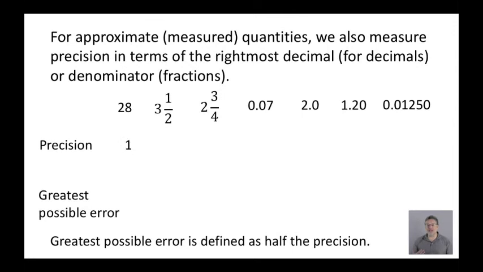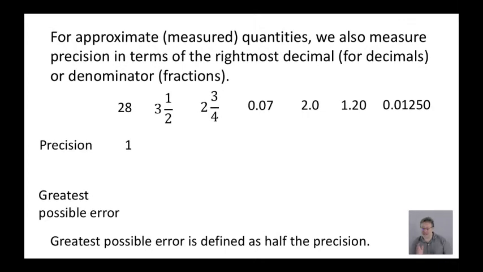Which means that it's possible for this number here of 28 to reflect anything between 27.5, 27 and a half, to 28 and a half. Anything in that area would be effectively rounded to 28, wouldn't it? If we were rounding to the nearest inch, it would be 28.